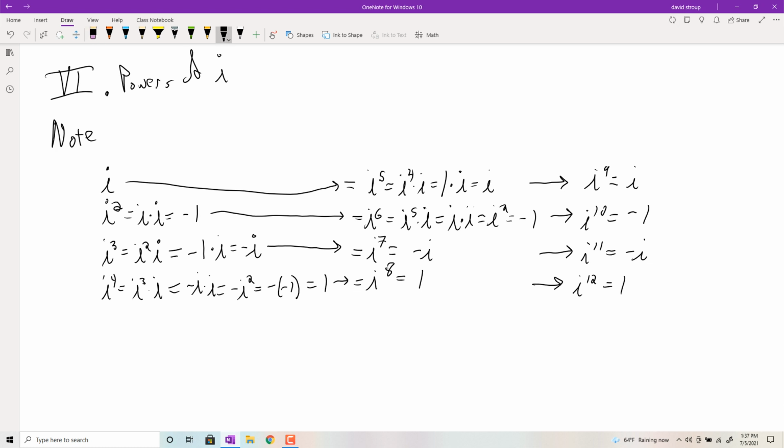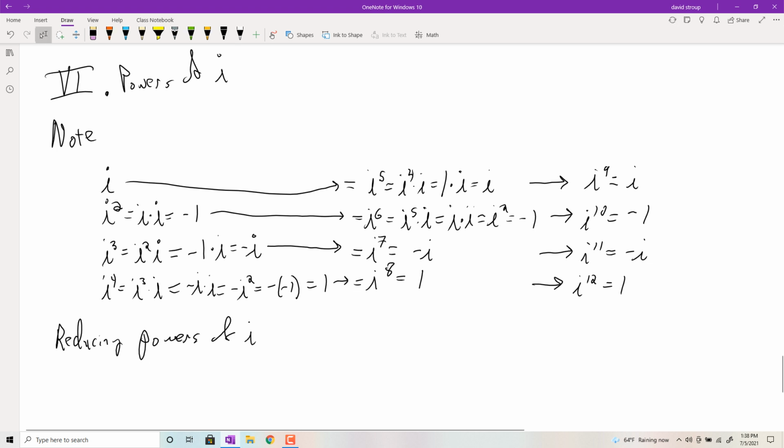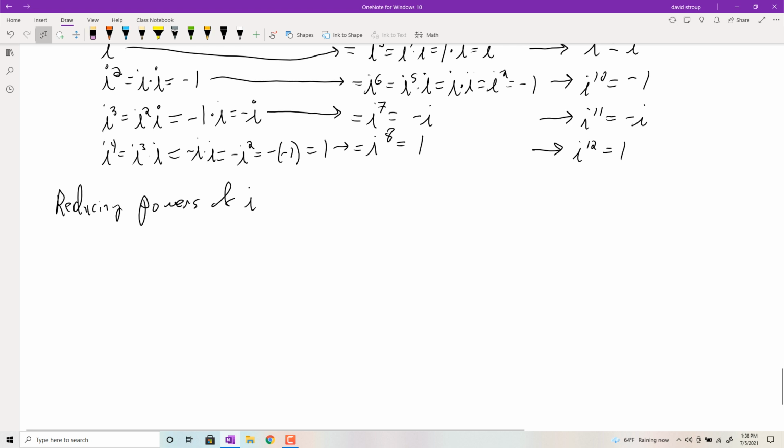So I guess this is kind of a different section, but reducing powers of I. Usually what you want to do here is just rewrite things in terms of I squared. So what do we mean? Here's number 85. I have I to the 10th. I'm going to rewrite that using the power rules.